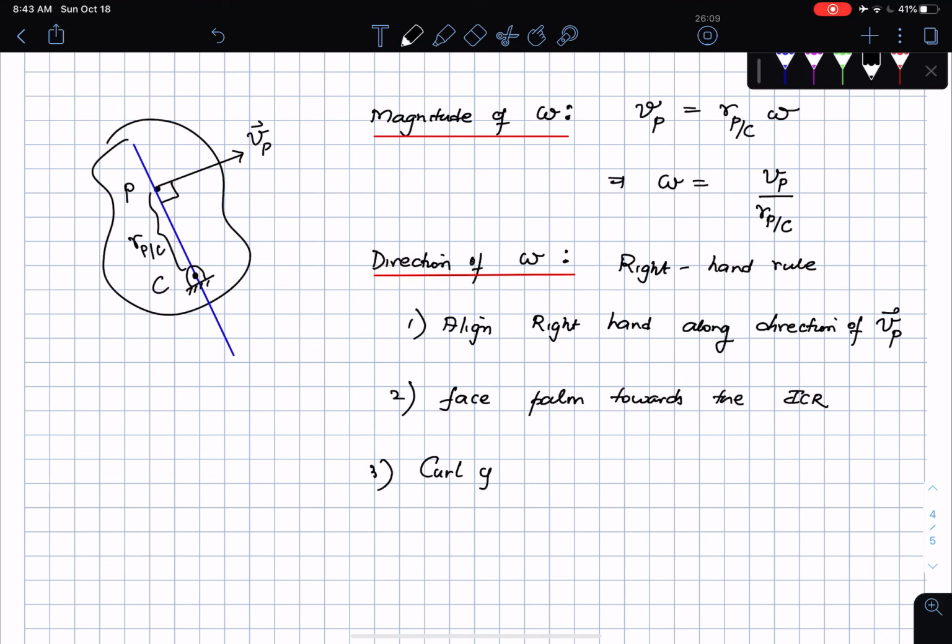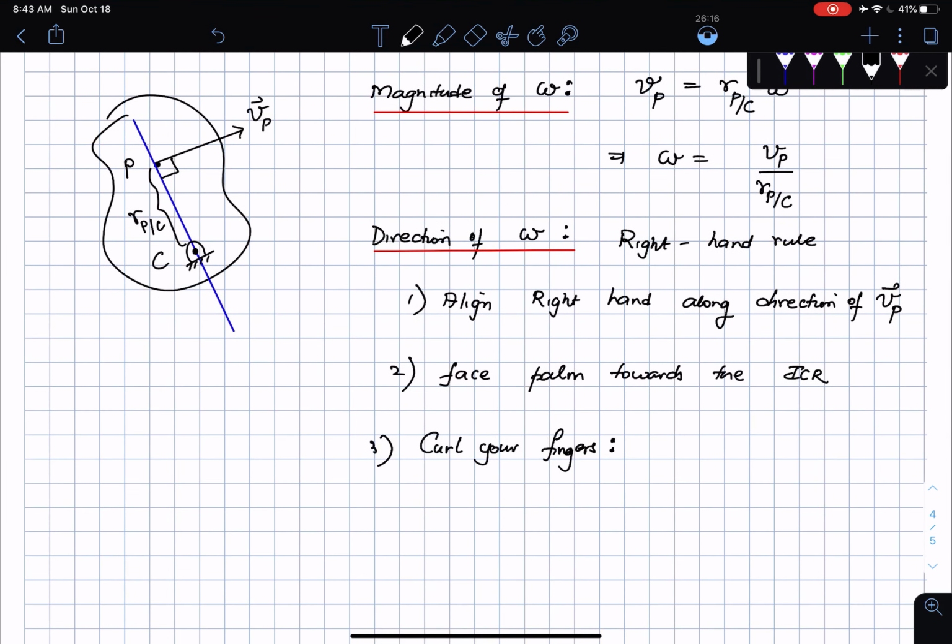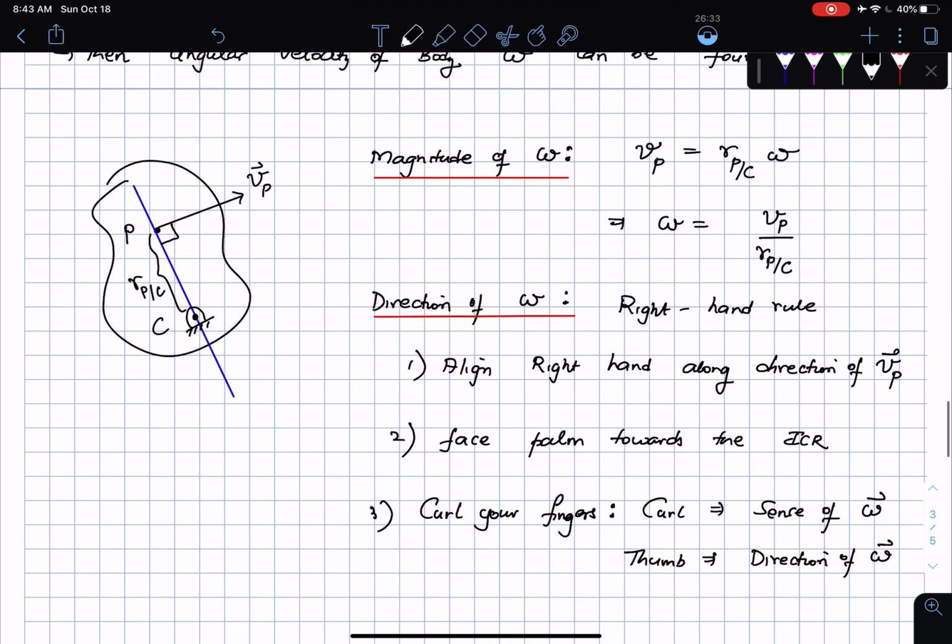Then curl your fingers. The curl of the fingers tells you the sense of the rotation, will give you the sense of omega, and then the thumb gives you the direction of omega. If I follow that particular idea here, I will see that my thumb is pointing into the page, which means that for me here omega is going to be this way. So this is omega of the body, which is going to be pointing this way.